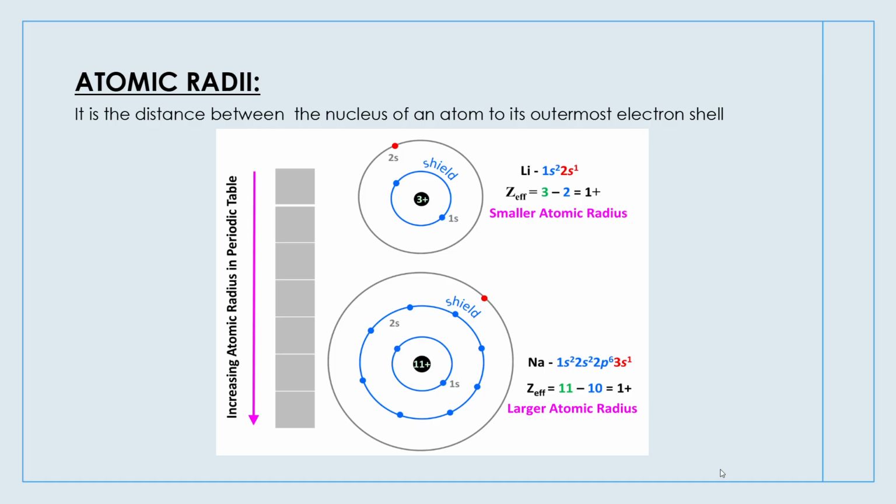Electrons are present in the energy levels. You can also see electronic shells or orbitals. So the distance between the nucleus and the energy level increases as the number of electrons increases. And we know that as we move down the group, the atomic number will increase, so eventually the atomic radius will also increase.